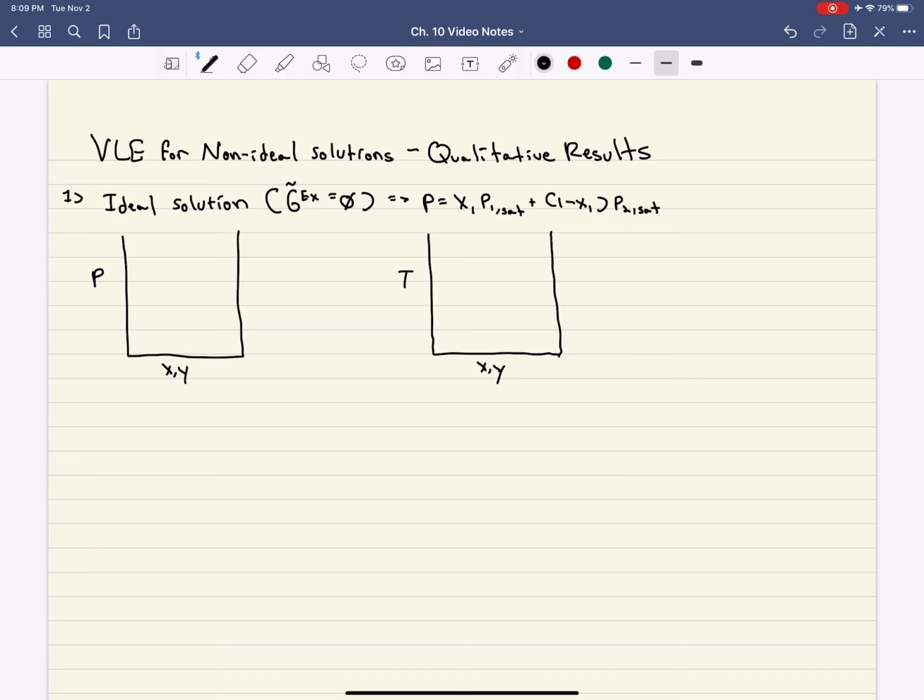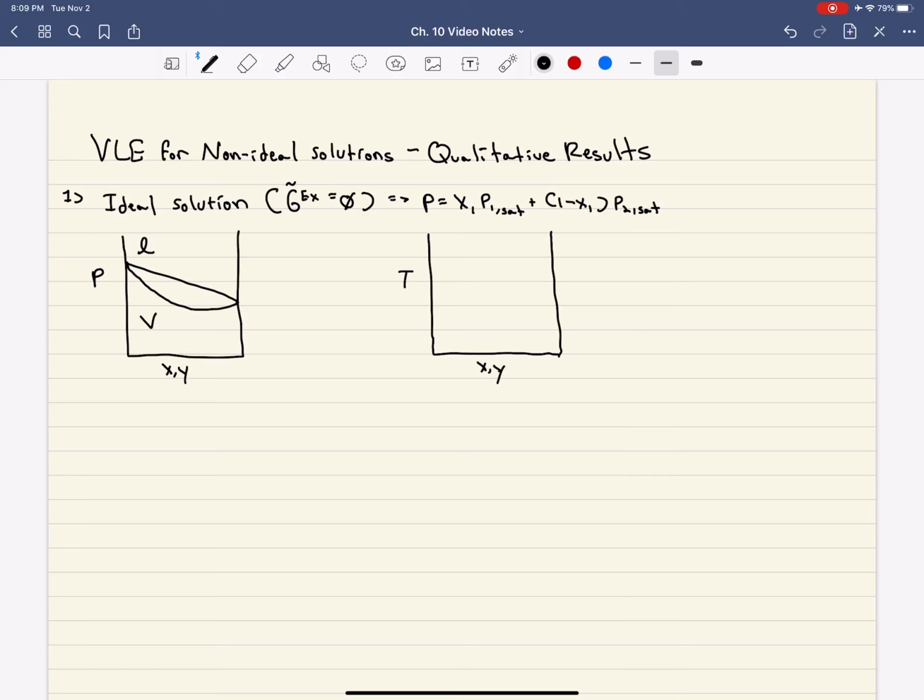Where, let me change this to blue, in the PXY diagram, our curve may look something like this, where at the top is the liquid and the bottom is the vapor.